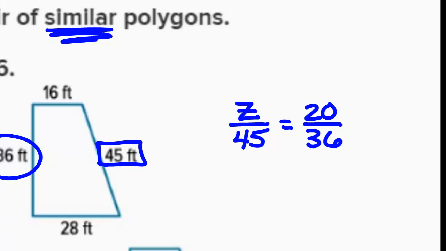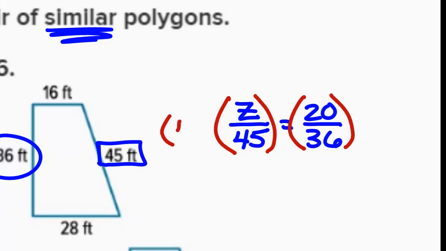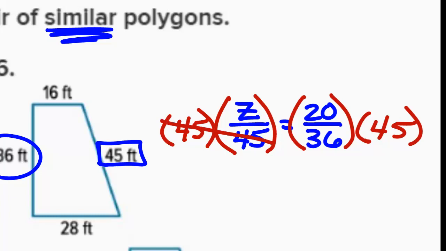Z is part of a fraction. What operation gets rid of fractions again? Multiplication. And what part of the fraction do we multiply by? Denominator. So let's multiply both sides by the denominator of 45. It's going to cancel my denominator here. It's only going to distribute to the numerator over here.